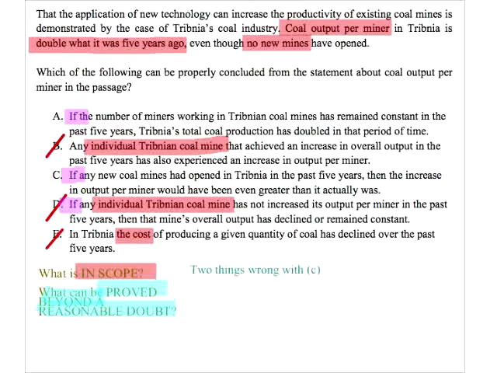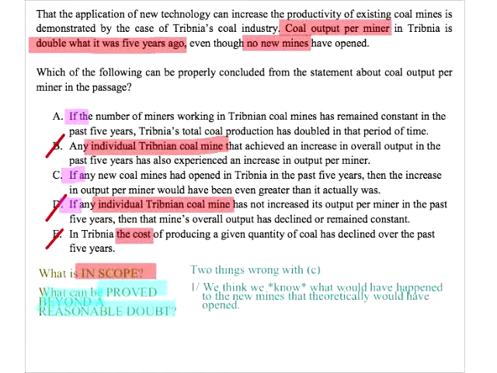We think we know what would have happened to the new mines that theoretically would have opened. So that's bad, right? I mean, it's a total theoretical. We have absolutely no evidence for anything that theoretically would have happened with our new mines.